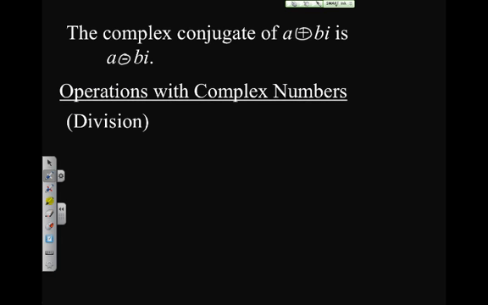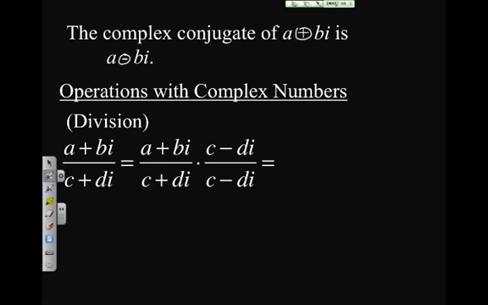And this leads us to our final operation of division. When we talk about division, in order to simplify a division problem, which is right here, we take that same fraction, and notice we are multiplying it by the conjugate of the denominator.